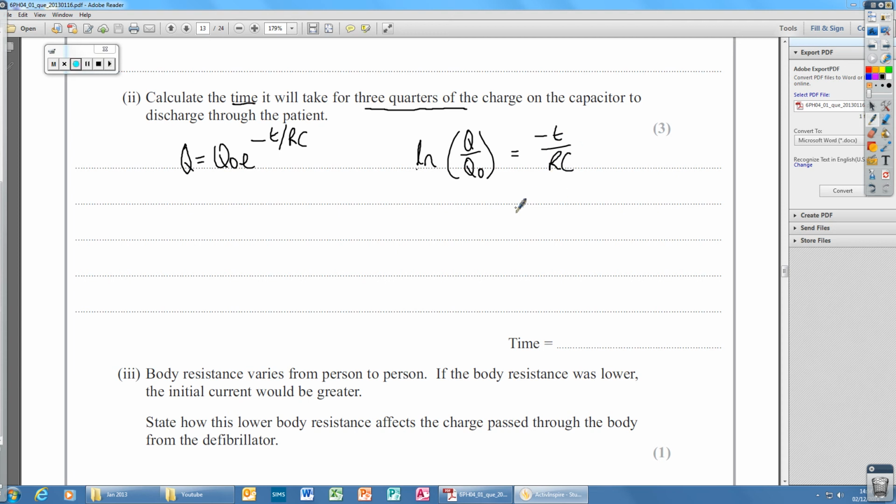Okay, so if we rearrange this for time now, we'll get minus RC natural log of Q over Q0. Right, here comes the trick. So minus RC, so minus the resistance, I'm just going to use the 90 multiplied by the capacitance.